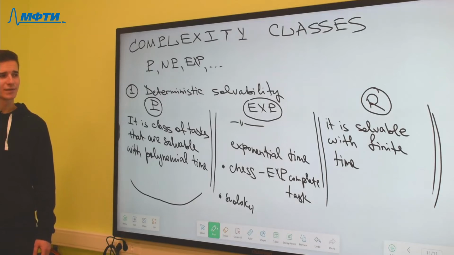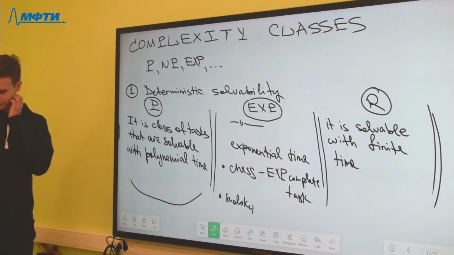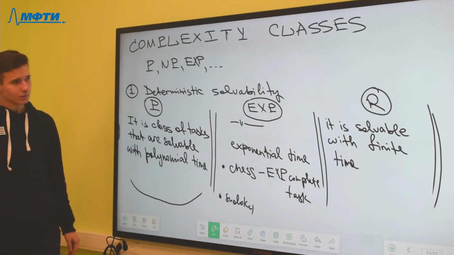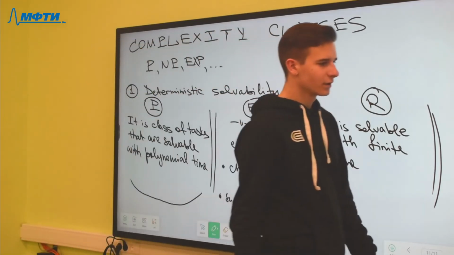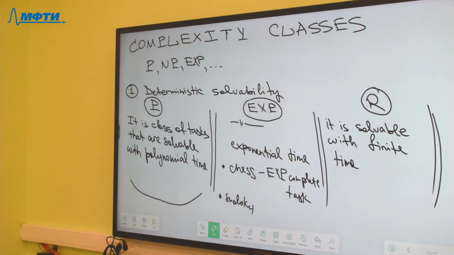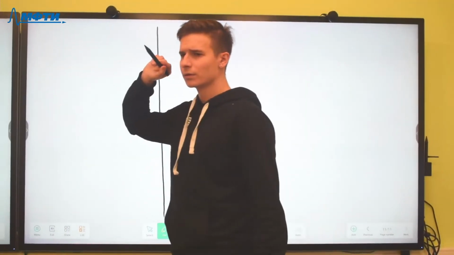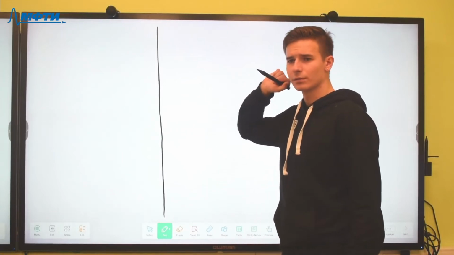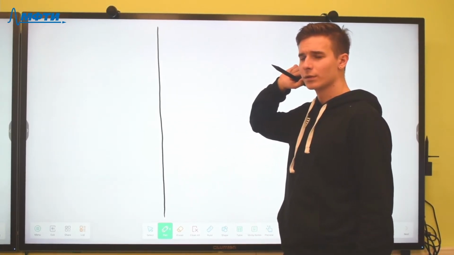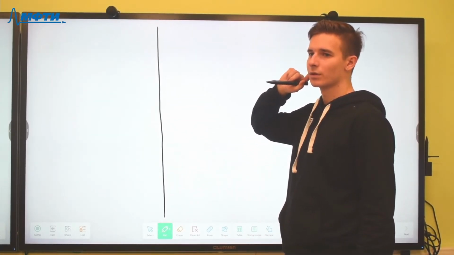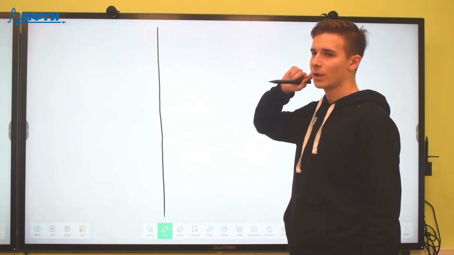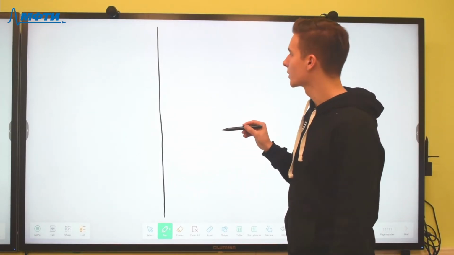It connects with it, but there is some construction. Did you face the Turing machine in other courses? Turing machine? No?